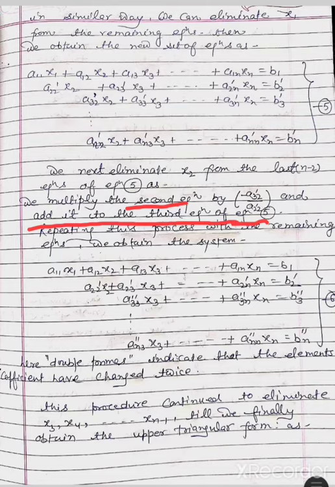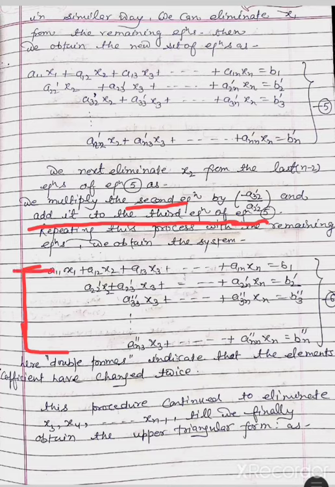and repeating this same procedure with the other remaining equations for the elimination of x2, we get a new set of equations given by equation 6, as this is the new set of equations we obtained by the elimination of x2 from the last n minus 2 equations.